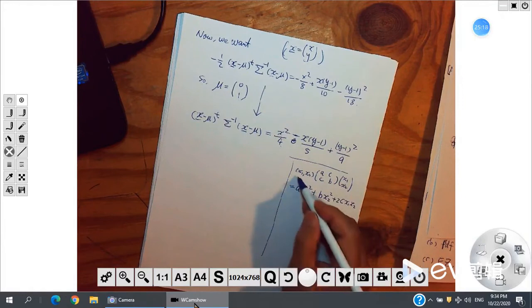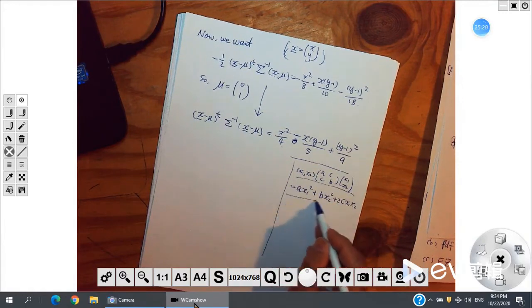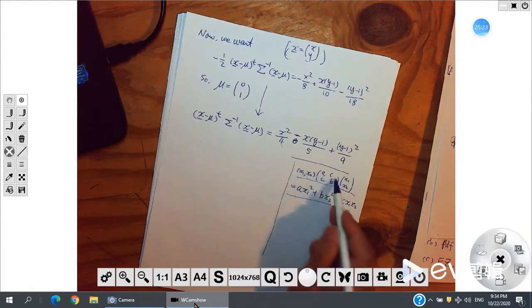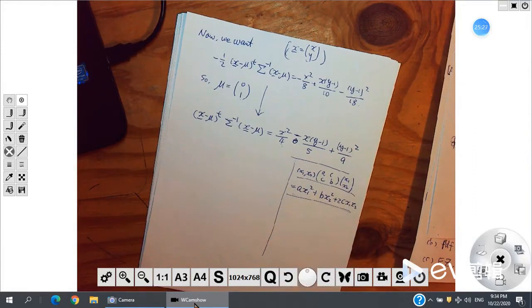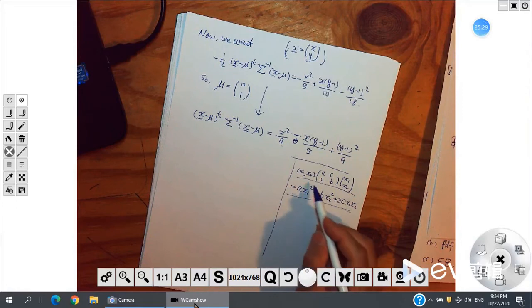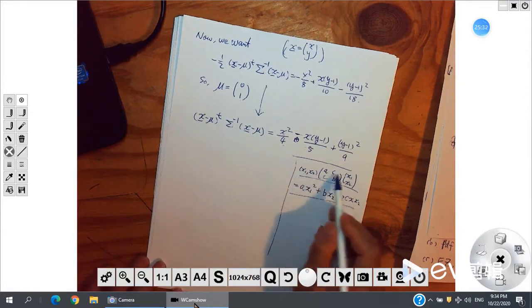If we multiply the matrices element by element, it will be this. You can try if you are interested, just multiply them together in matrix way, and you can have this.